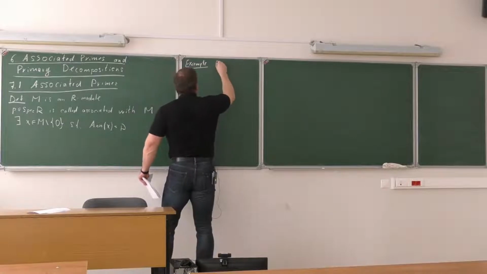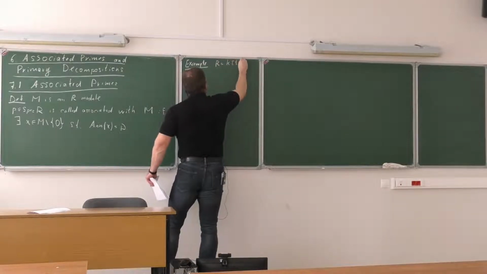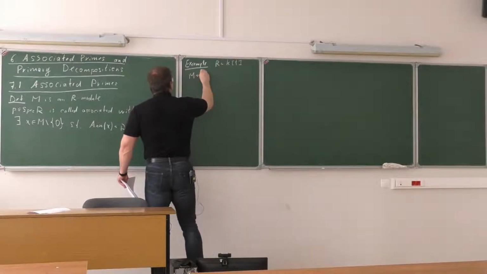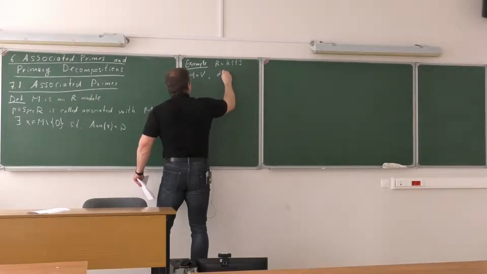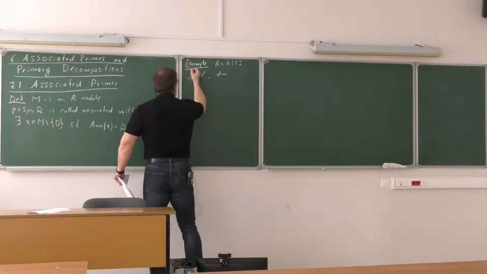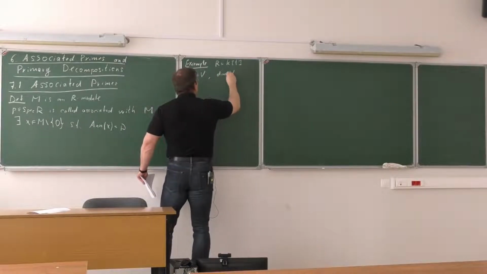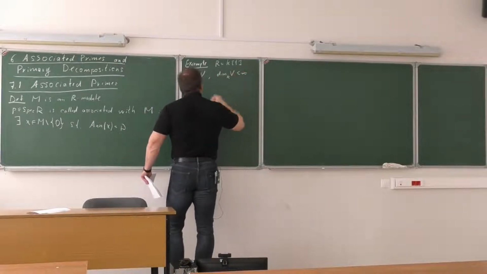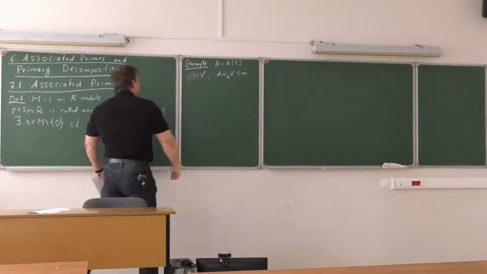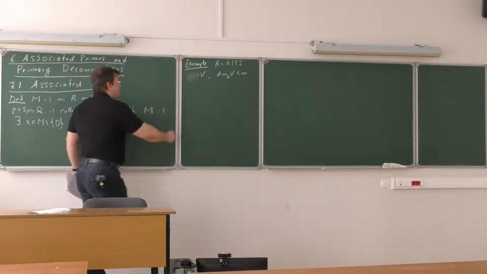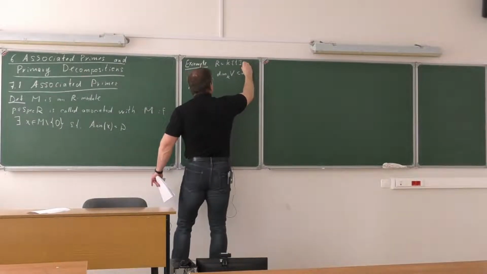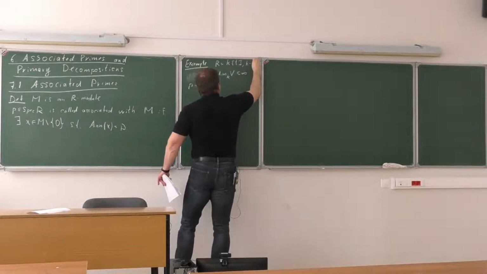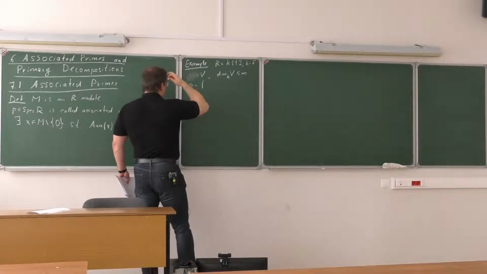We take the ring to be just a ring of polynomials in one variable, and the module to be just a finite dimensional vector space V, so the dimension of V over K is finite. For simplicity, let's take K to be algebraically closed.